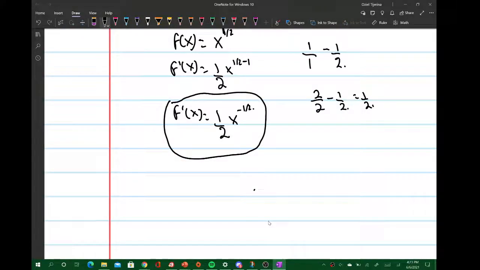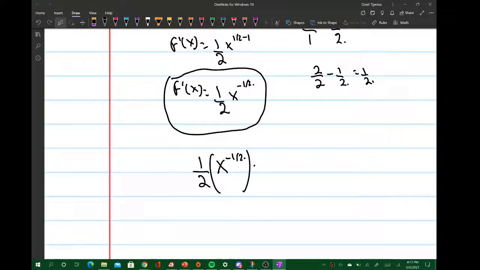So you can say that this is equal to 1/2 times x to the negative 1/2, and then you can do the radical rule, where x to the m over n power equals the nth root of x to the m.